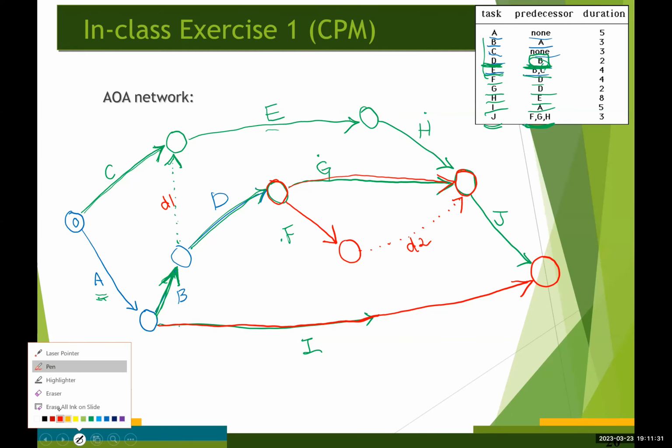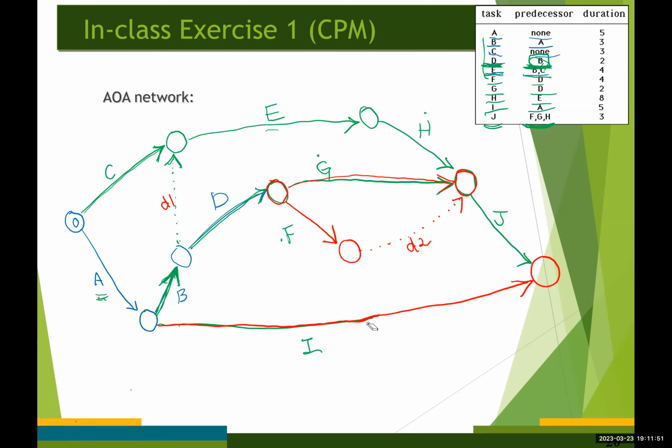Let me delete this. I believe this diagram addresses all of the precedence relationships.